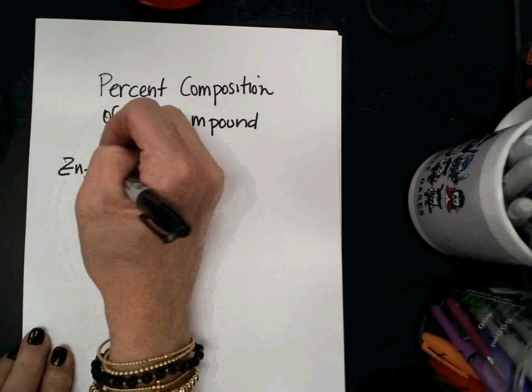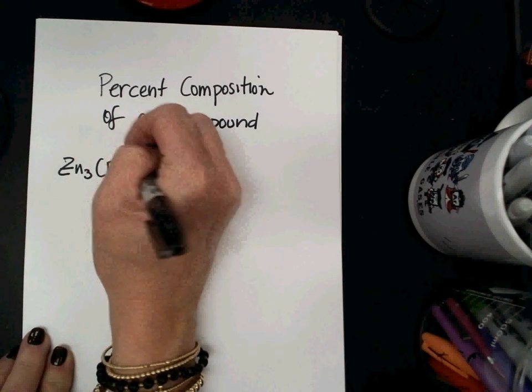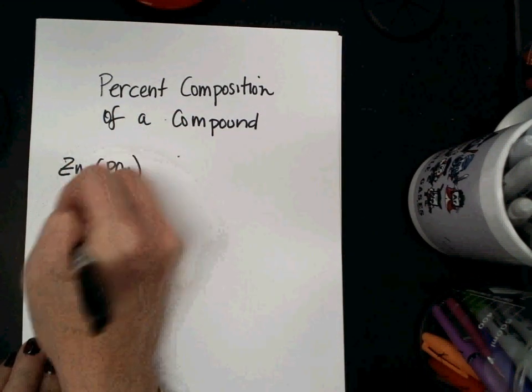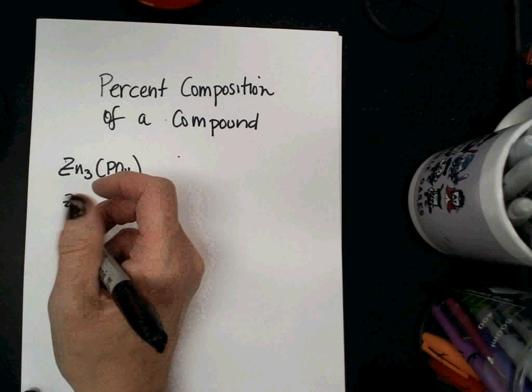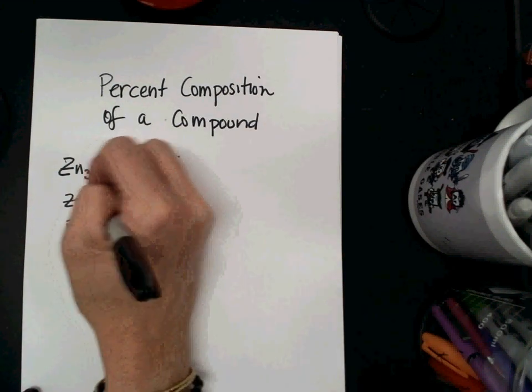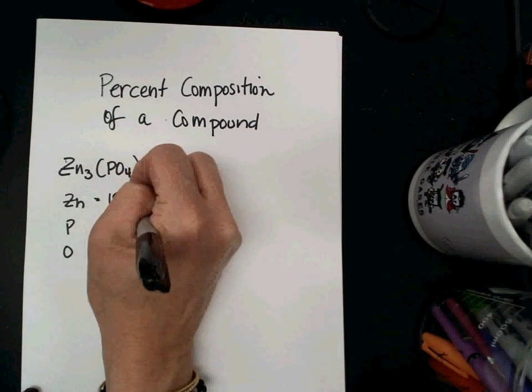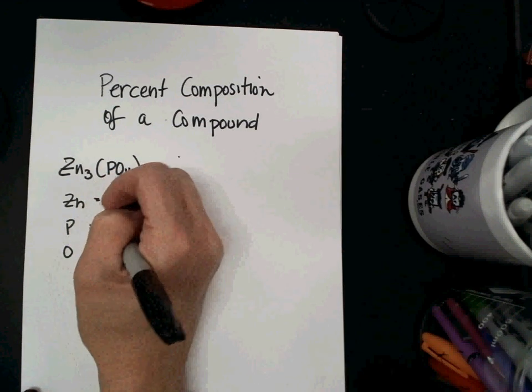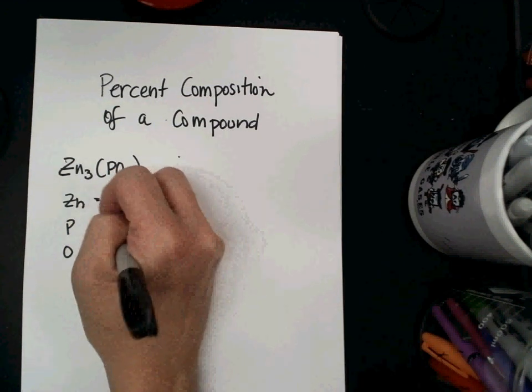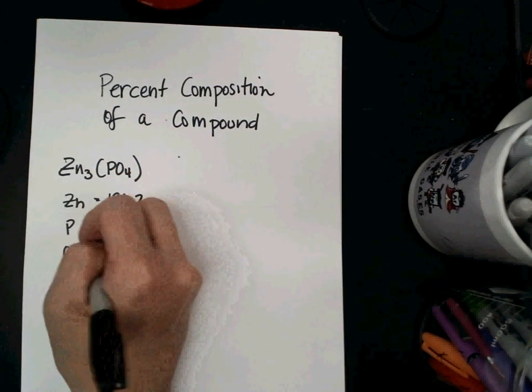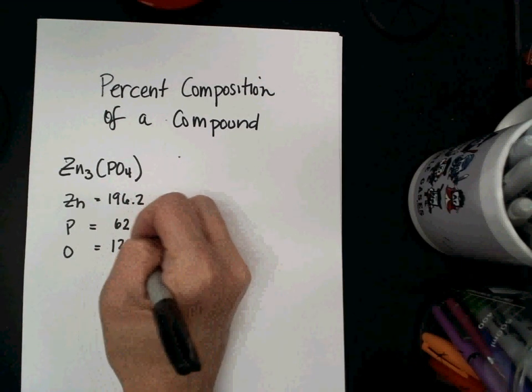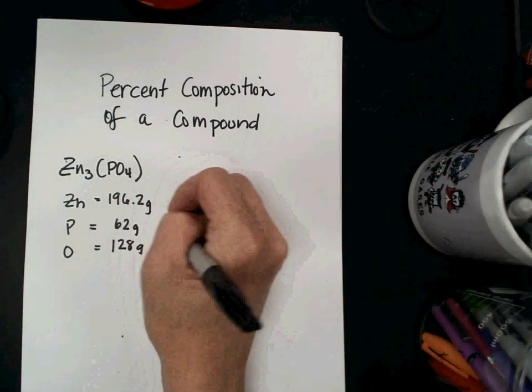So I had my Zn3(PO4)2, and I had each part, and my zinc was 196.2. I'm just carrying numbers over. And my phosphorus was 62, and my oxygen was 128.